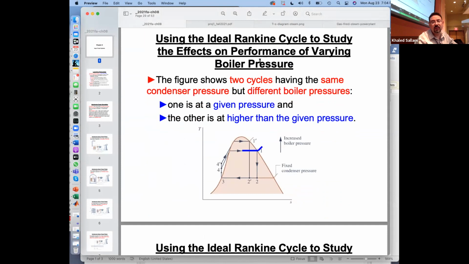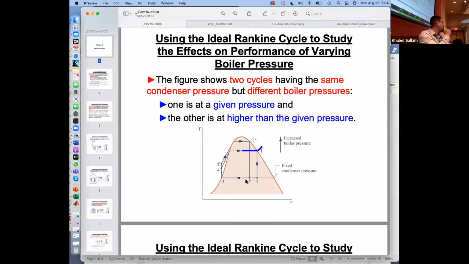of course, the boiler pressure, that is what you guys are going to do for the project. But look at this, see how, when you increase the pressure and you are limited by a certain temperature, you will start leaving more and more wet.